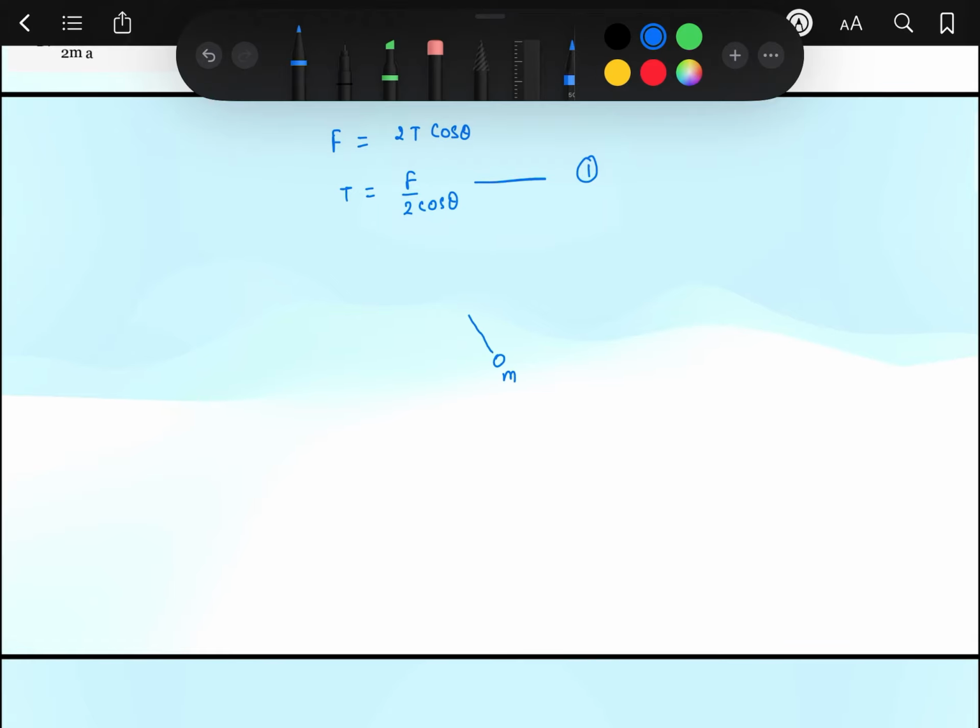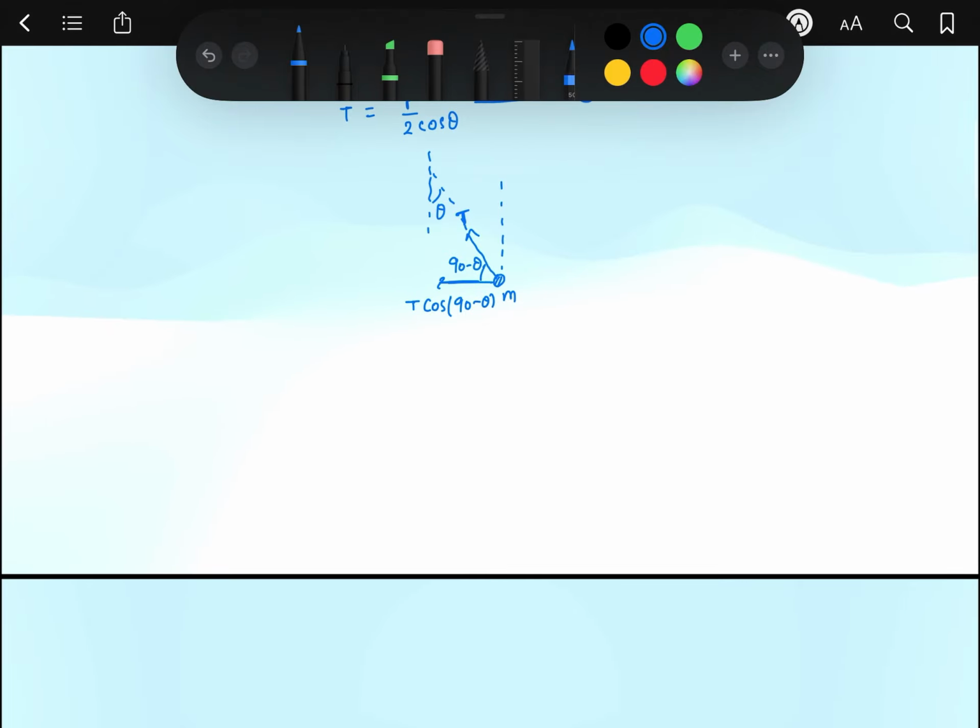A tension force is acting on this side, that is equal to T. Since in the triangle this angle is theta, with the horizontal line this angle will be equal to 90 minus theta. So the horizontal component of this tension force acting on this mass m will be equal to T cos(90 minus theta). So T cos(90 minus theta) means T sin theta.